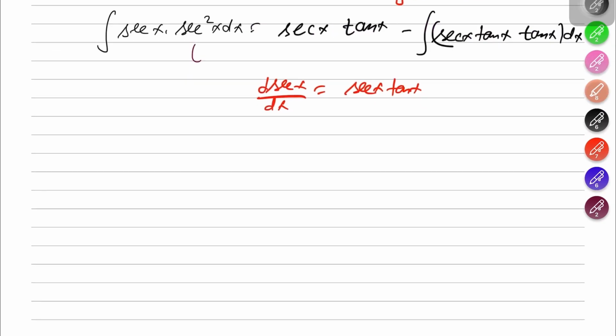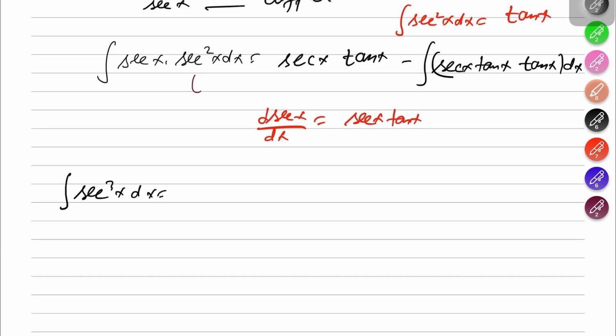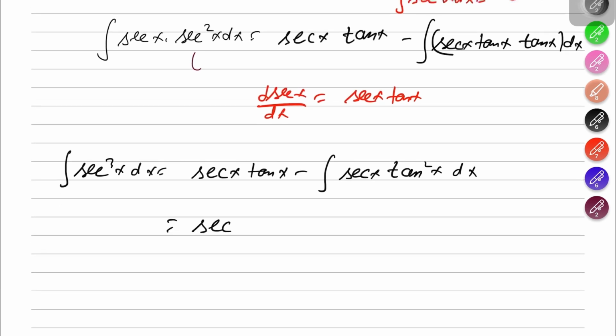So basically we started with the integral of sec cube x dx, and that converted to sec x tan x minus the integral of sec x tan square x dx. This is how we got it. Now if we want to integrate, we observe that it will be a little simpler if I write tan square x as sec square x minus 1.